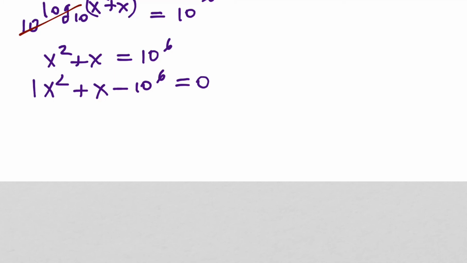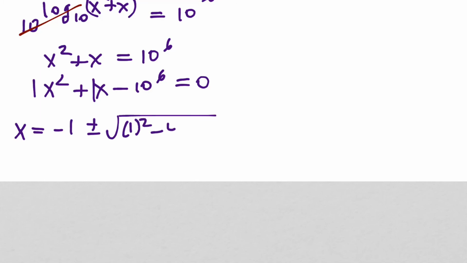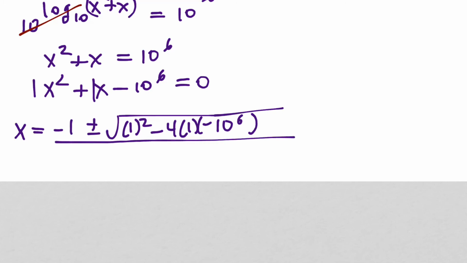So a is 1, b is 1, and c is negative 10 to the 6th. So I've got x is equal to negative b plus or minus the square root of b squared minus 4 times a times c, divided by 2 times a.